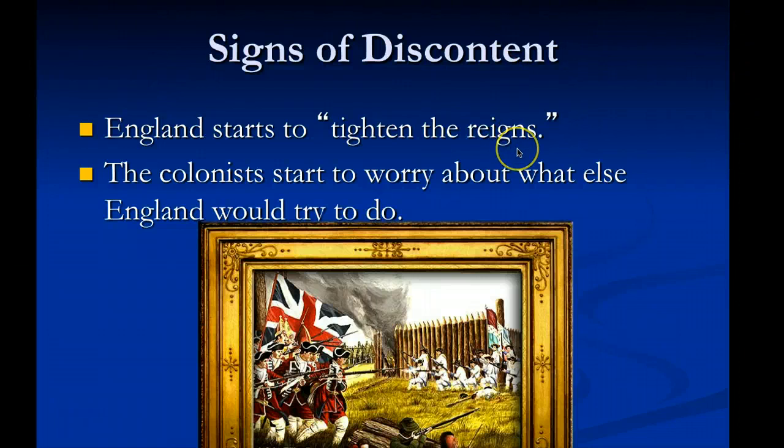England starts to tighten the reins more and more, because mainly they had just finished fighting a war with France, known as the French and Indian War, and they needed to make money back because that war was very expensive. So they start looking to the colonies and taxing them more.